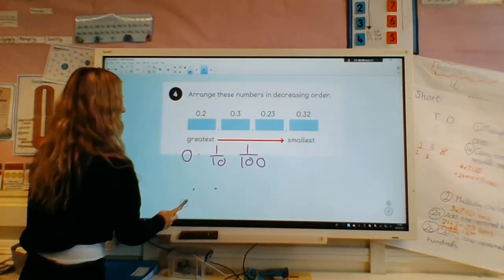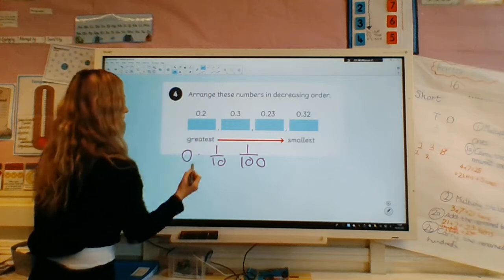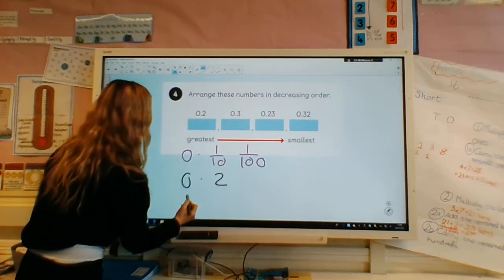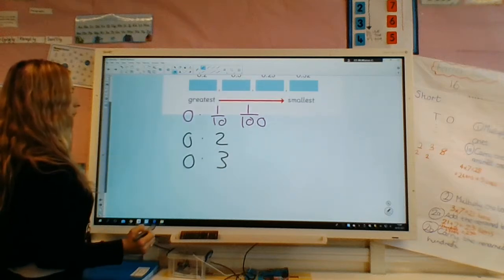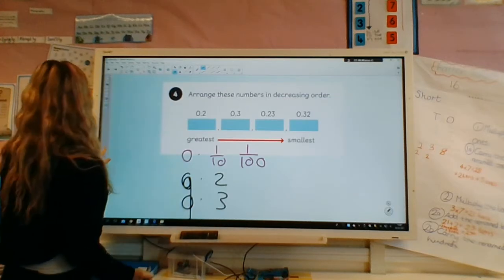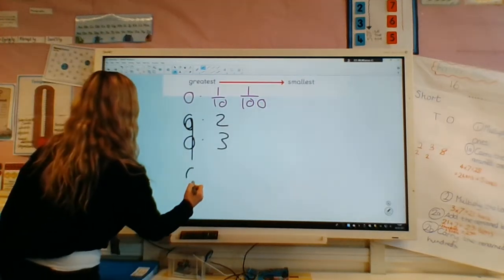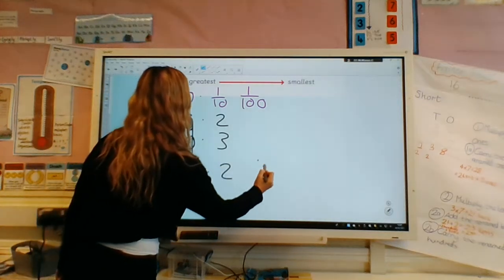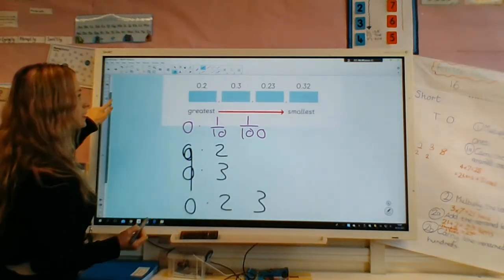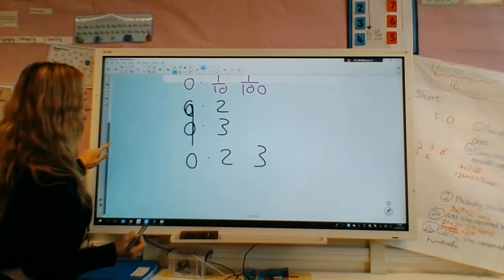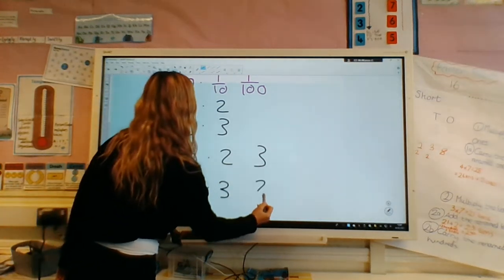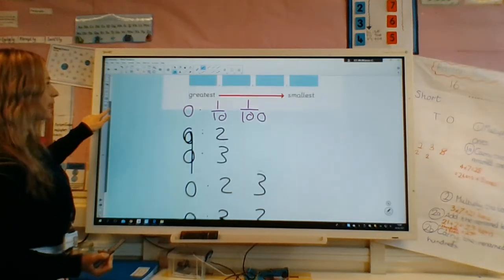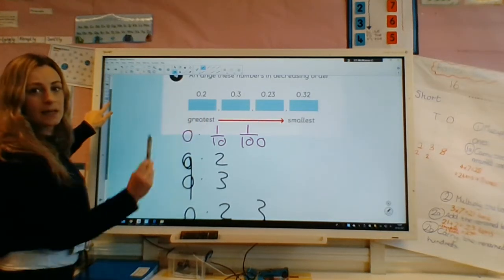Start again. So I've got 0.2, 0.3, 0.23, and the last one was 0.32.